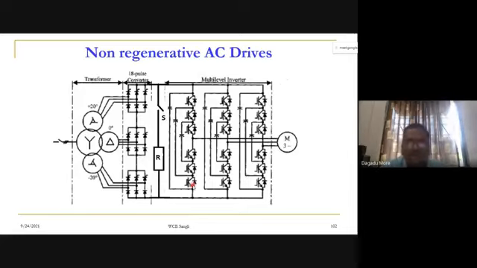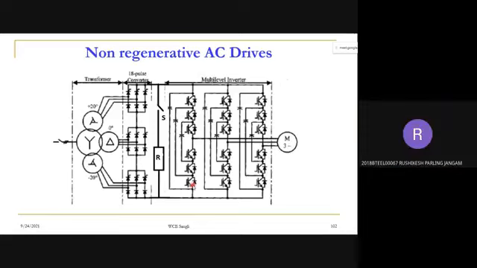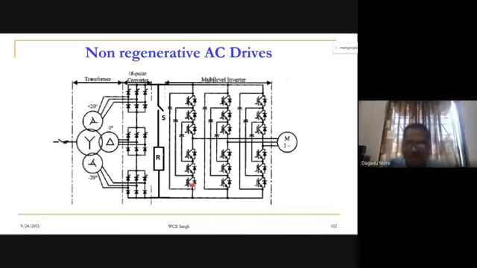What will be the level? Fourth level. It is a 4 level, correct. Whenever it is 5 level, we have 4 devices in the upper half and 4 devices in the lower half. For 3 level, we have 2 devices in the upper and 2 devices in the lower. So this particular multi-level inverter is the 4 level.